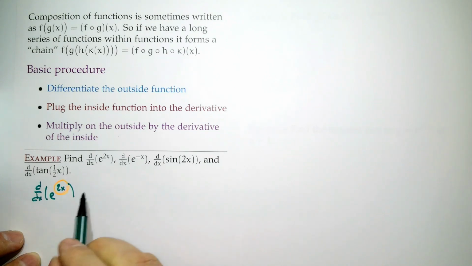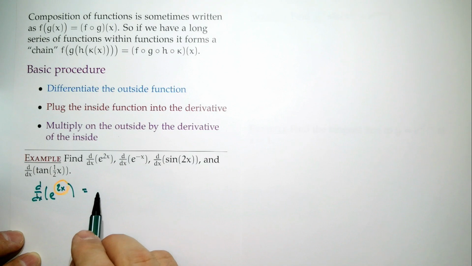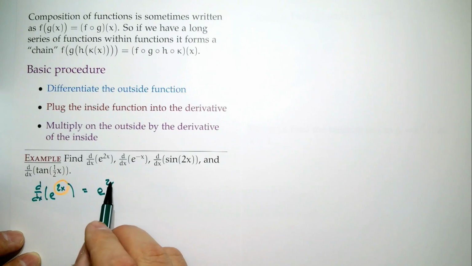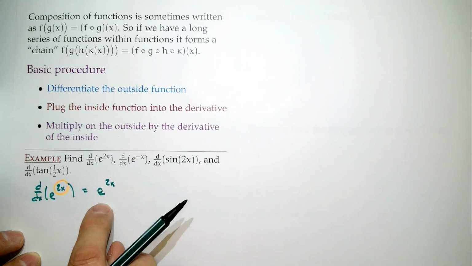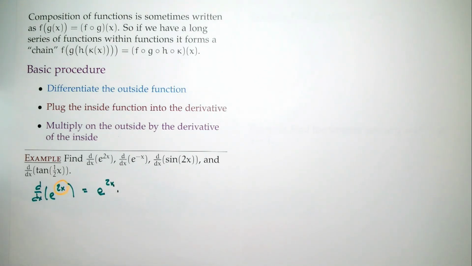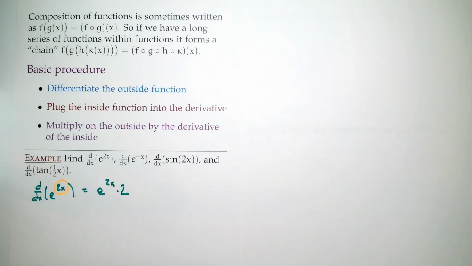E to the x. So the rule says you take the derivative of the outside part, which is the exponential function, so that's e. Then you plug in the inside function, so you plug 2x back in. That's our f of g of x. Then you multiply that by the derivative of the inside function. The derivative of 2x is 2. And that's what we had before.